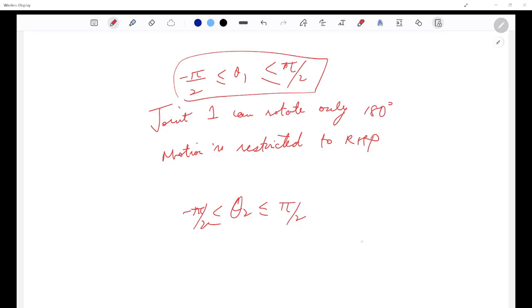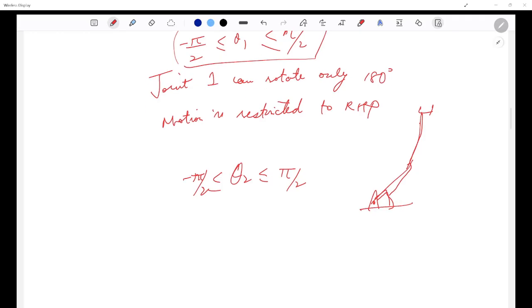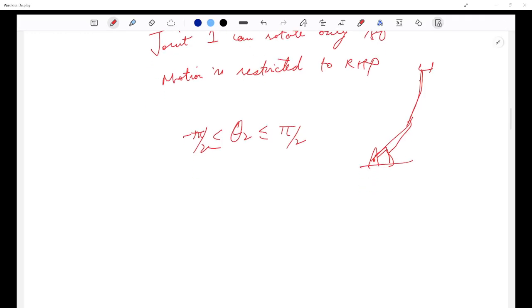Like, if you have the end effector placed over here, okay, then it should not be that. So we can definitely get complete 0 as well. But for maximum reach, what are the boundaries that we are going to have?